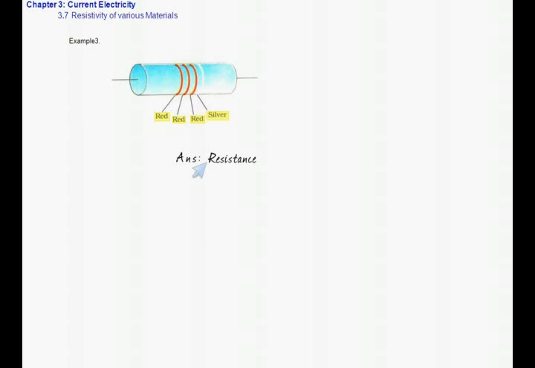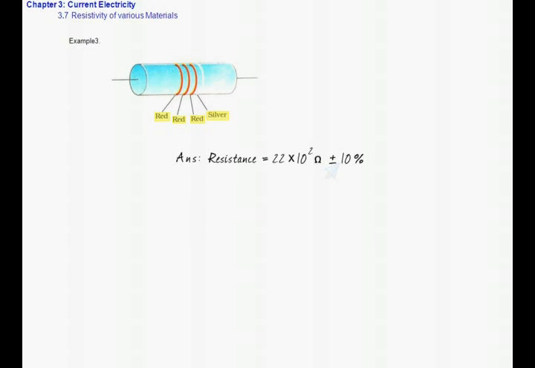So what will be the code for red color? Look at the table. The code of red color is 2. Again red, 22. The multiplier for red color is 10 raised to power 2 ohm, plus minus, see the tolerance for silver, 10%.